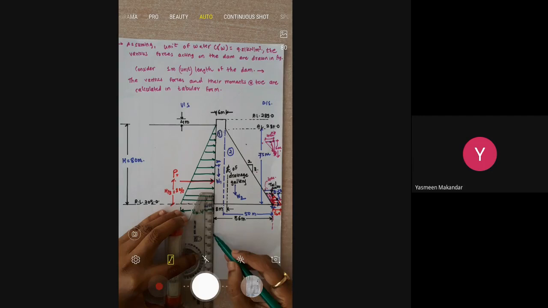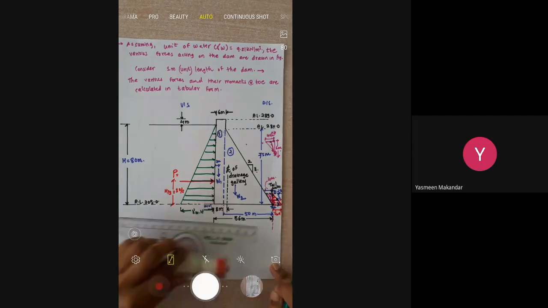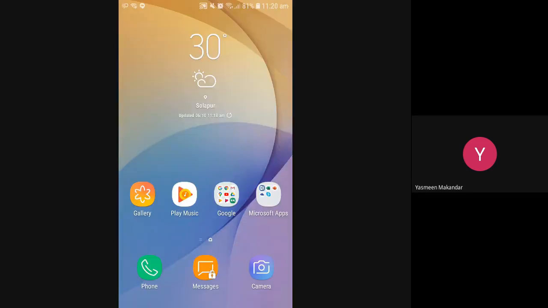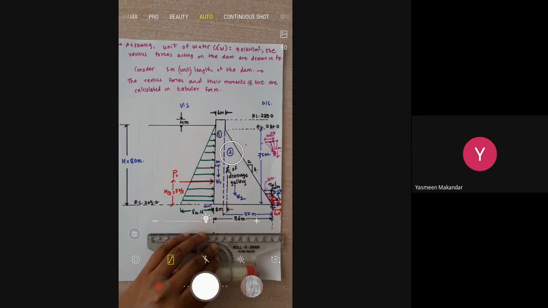So what is the USBR guideline? Can anybody let me know if you remember that? If a drainage gallery is provided, in that case what would be the uplift pressure distribution diagram that we have to draw?